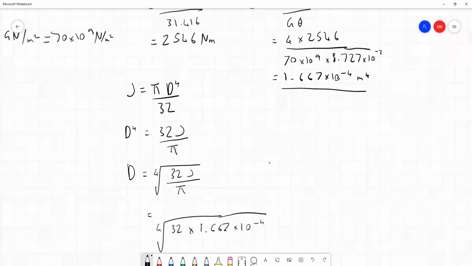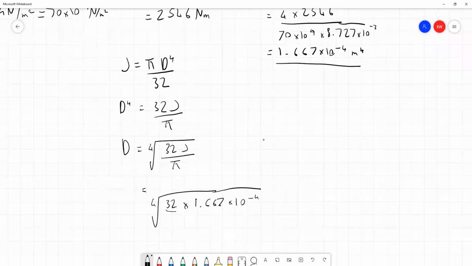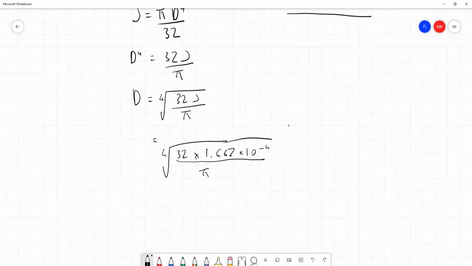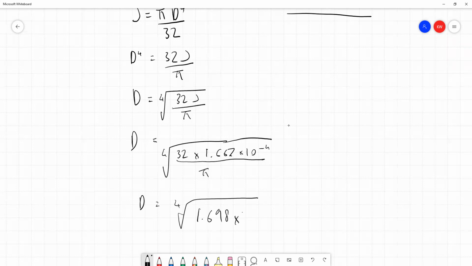So we take that, put it in here, and divide it by pi. So we can do this calculation first before we talk about 4th roots. And that's going to give us, I'll keep writing D here, D is equal to the 4th root of 1.698 times 10 to the minus 4.